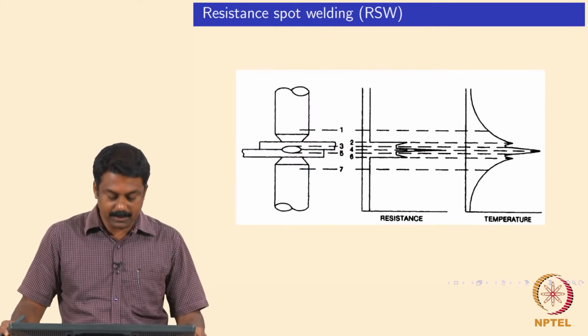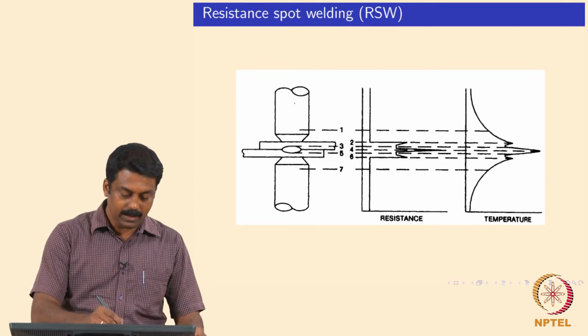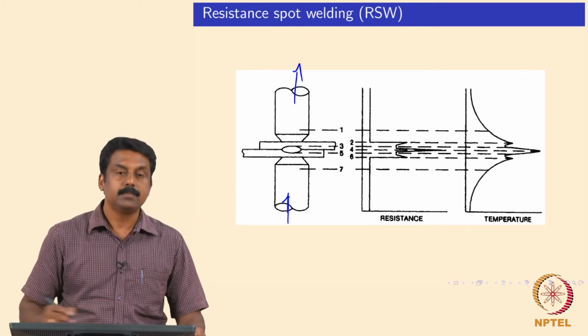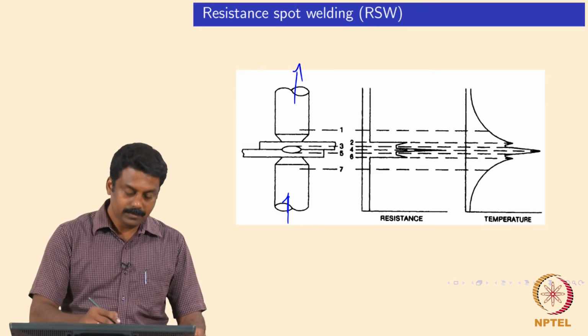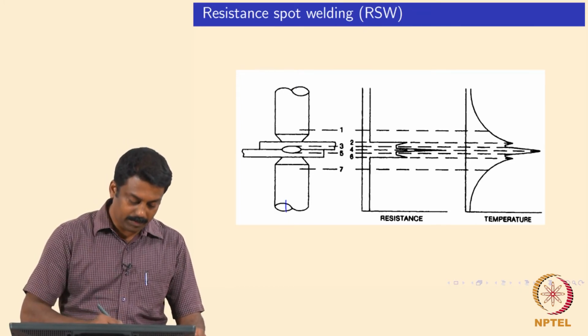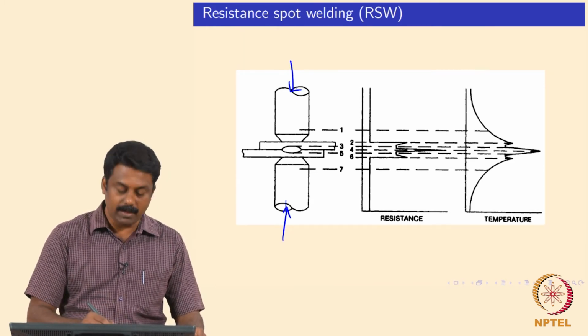So, this is what happens, if you look at I put on a schematic again. So, you have a top electrode and bottom electrode, and you keep two electrodes. So, basically, you need to apply a compression load, and the sheets are placed in an overlap configuration.